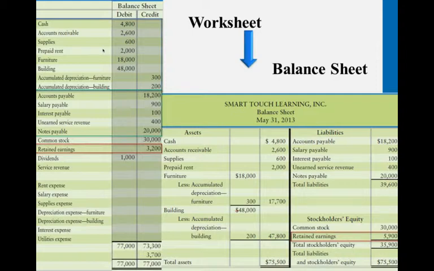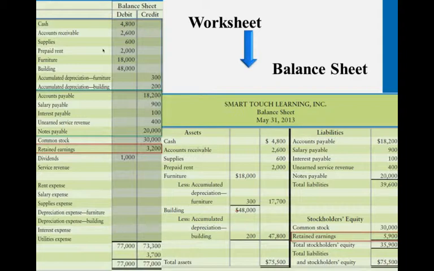You see the original cost, the original purchase price for furniture, $18,000, and we see accumulated depreciation $300. So meaning that right now, after this month of using this furniture asset, the value is close to $17,700 instead of the original $18,000. We're trying to depreciate the asset, reduce and deduct the value of it, the usefulness of it.